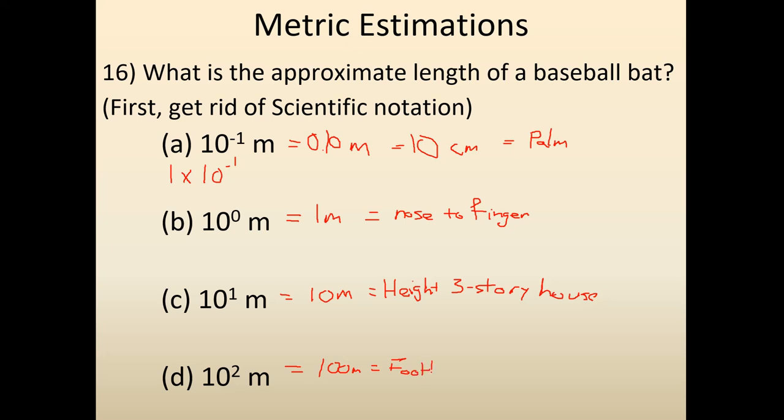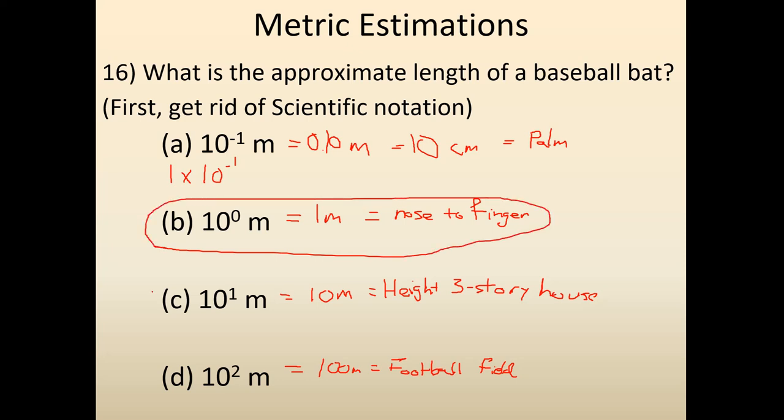Now use process of elimination. Of these, the only one that makes sense for the length of a baseball bat is choice B, going nose to fingers. So this is kind of what you want to think of. Now, thankfully, after a few practice tries, you should be able to kind of eliminate a lot of these.